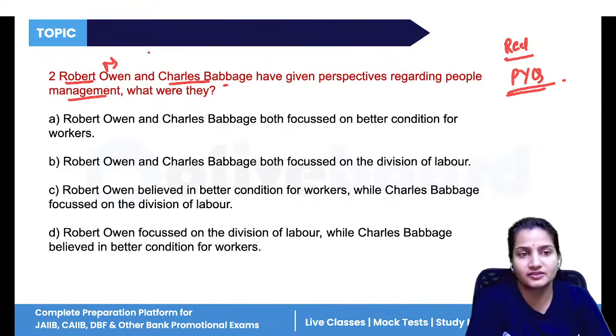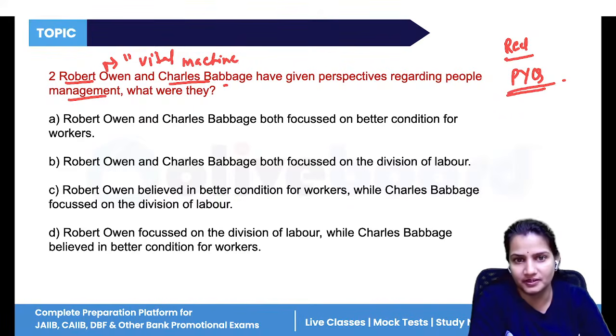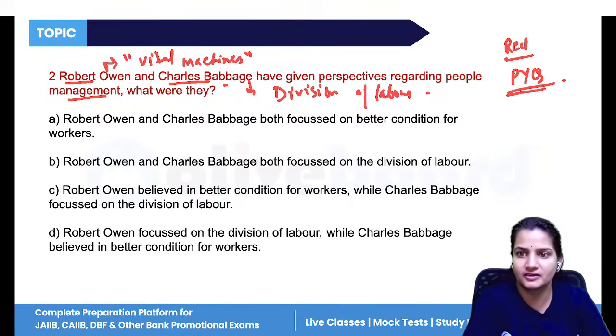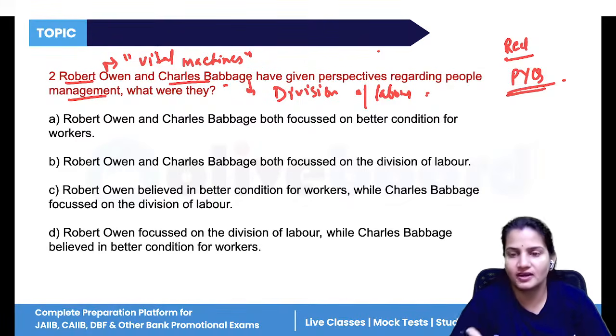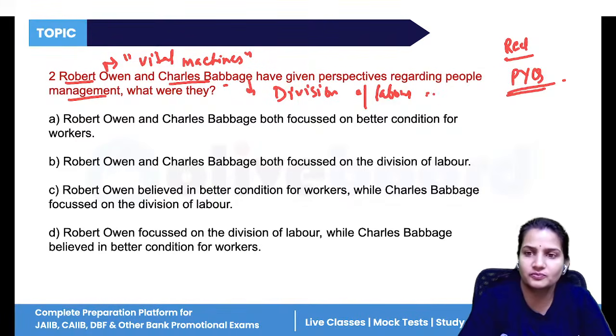Robert Owen said that humans are the vital machines for the company. And Charles Babbage gave the concept of division of labor. Division of labor means division of work: work should be divided into small tasks so that it is easy for everyone to understand and easy for everyone to perform well.